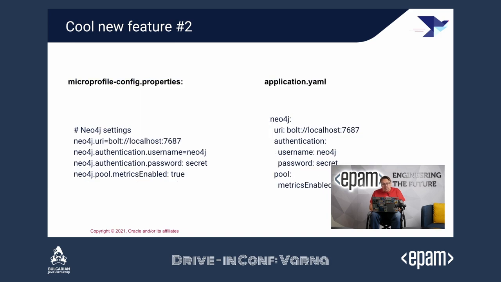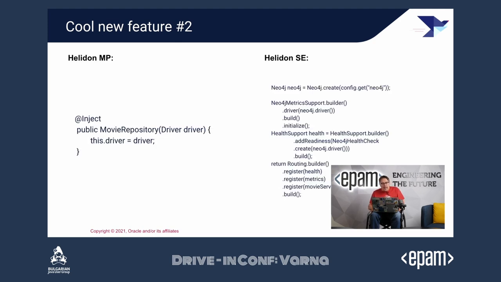As you see, what you need is just to specify the connection directly in the properties. In MP, there will be MicroProfile Config, and in SE, there will be just an application YAML. And voila, you are ready. You just inject the driver and it will be completely set up for you by Helidon. In SE, you can also specify metrics and health support if you need it. In MP, this happens automatically for you.